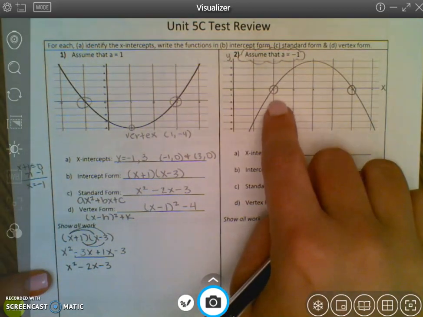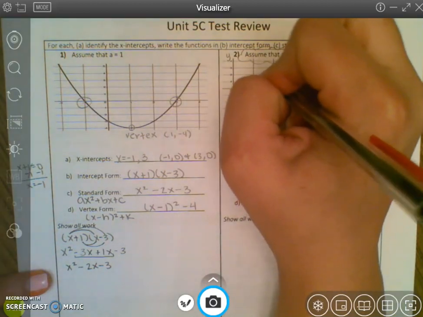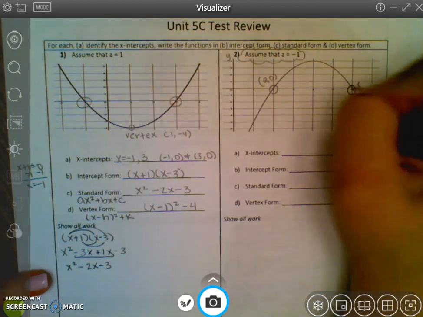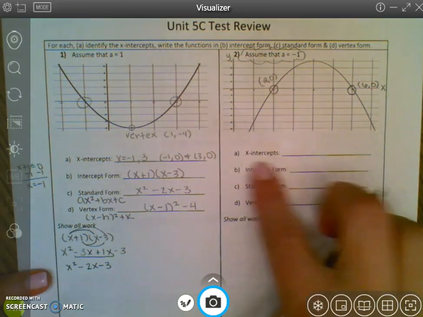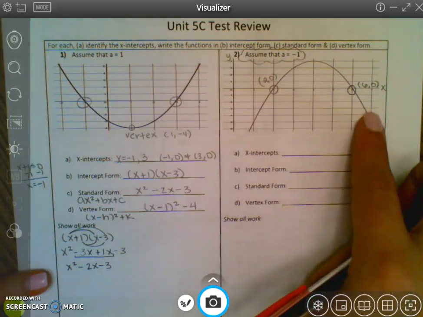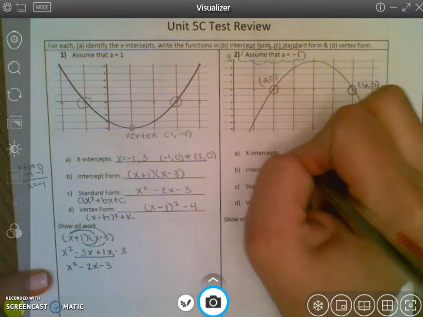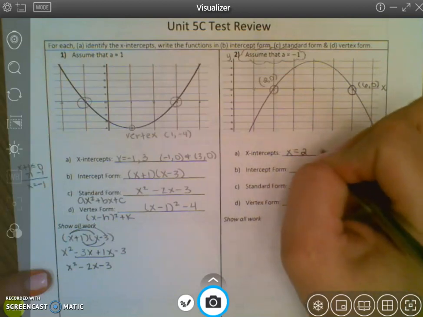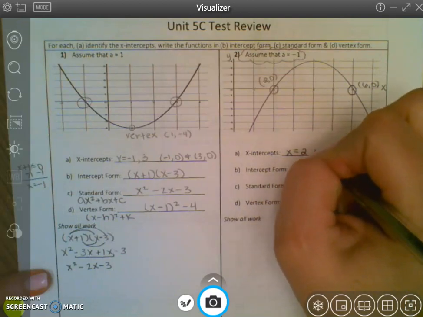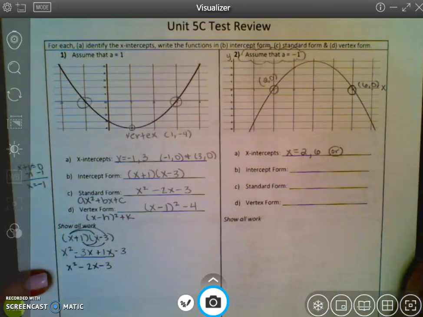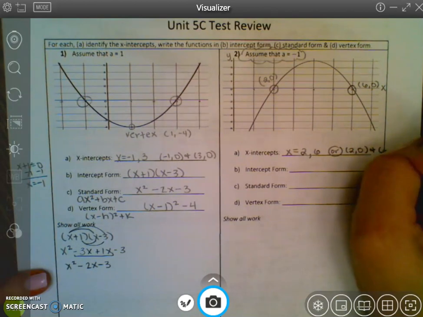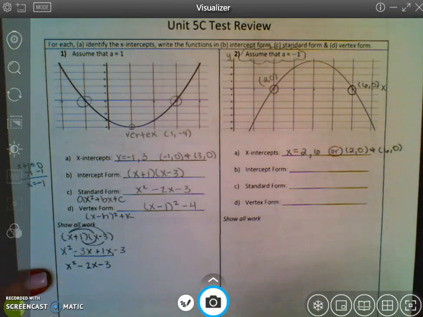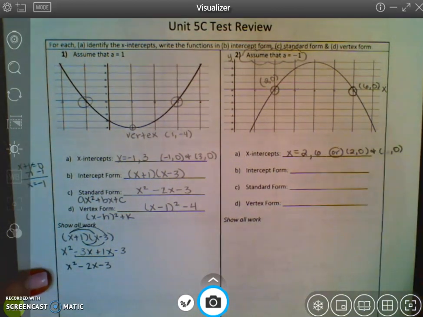So this one right here is at 2, 0, and this one is at 6, 0. Remember, your x-intercepts could be written as points, or you could see it as x equals 2 and 6, or you can see it as 2, 0 and 6, 0.